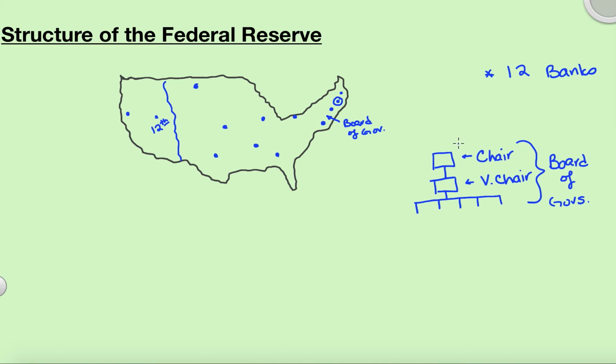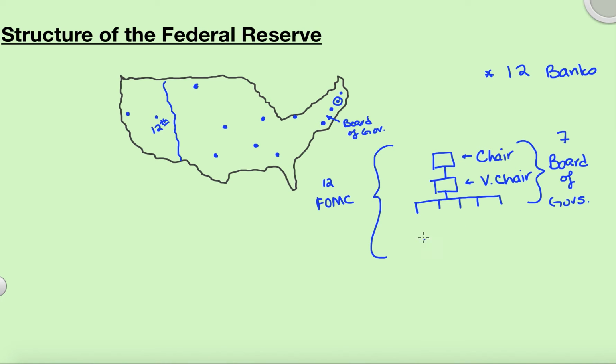After the Board of Governors, if we look at the Federal Open Market Committee, these are the people that shape macroeconomic policy. After them, this is a 7-member board, and the Federal Open Market Committee is a 12-member committee.